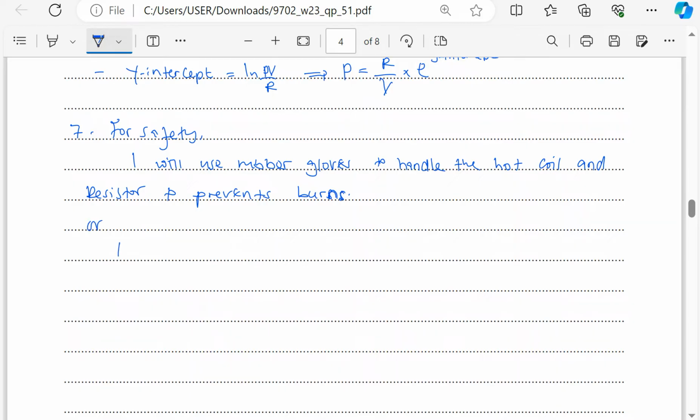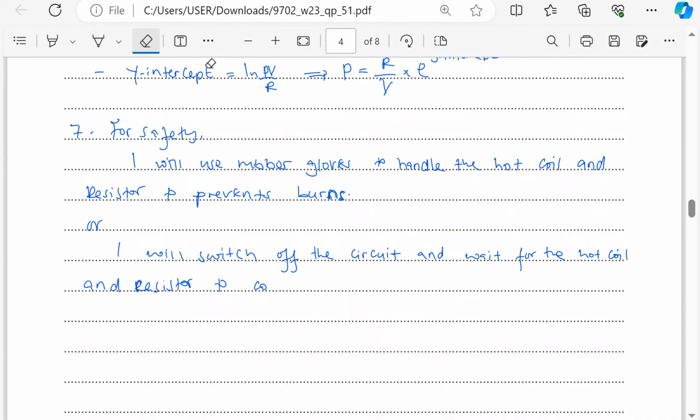Or I would say, I will switch off the circuit and wait for the hot coil and resistor to cool down. I think I'm tired.